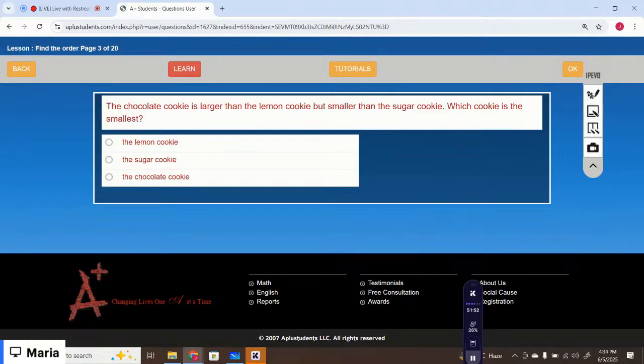The chocolate cookie is larger than the lemon cookie but smaller than the sugar cookie. Which cookie is the smallest?